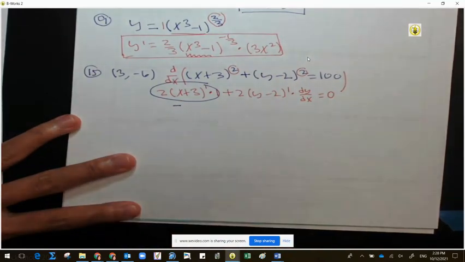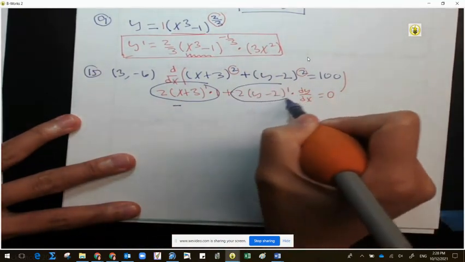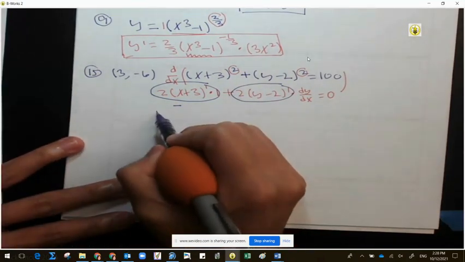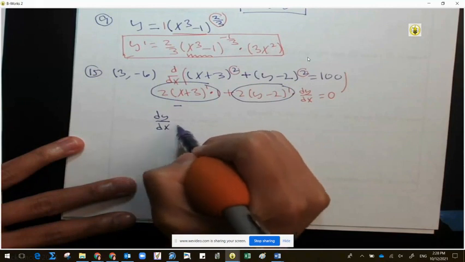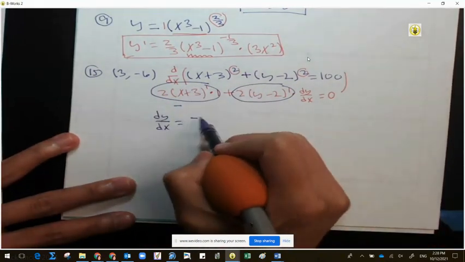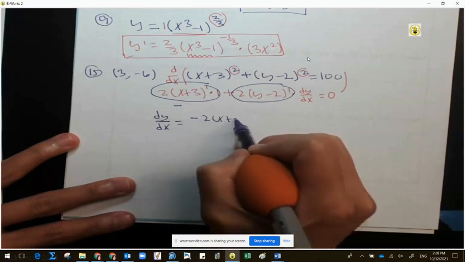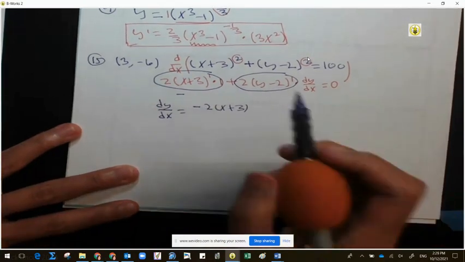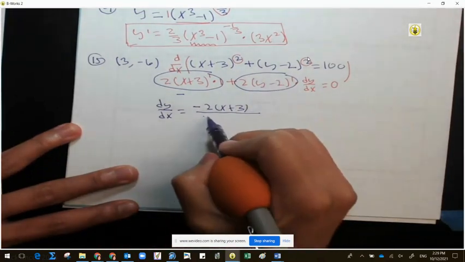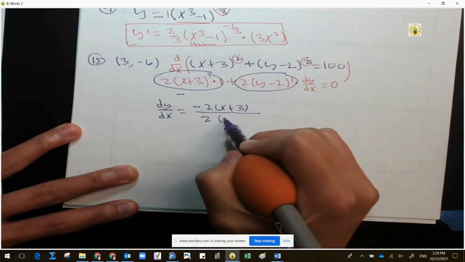The second thing that I'm going to do is divide it by this guy on the bottom. So I'm going to do one go. dy over dx is equal to, when I move this over, I need minus 2 of that value. And notice I'm not simplifying as I'm going because you don't have to. Divided by the coefficient right next to the dy over dx.